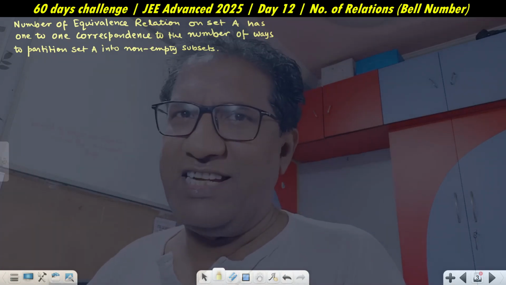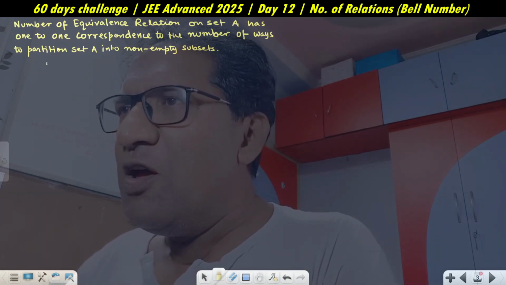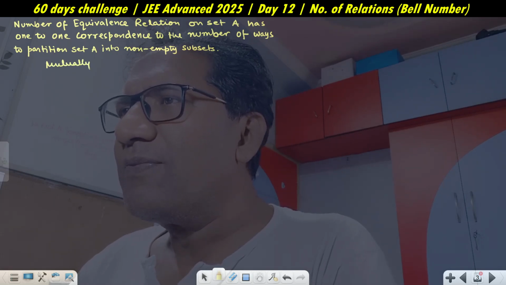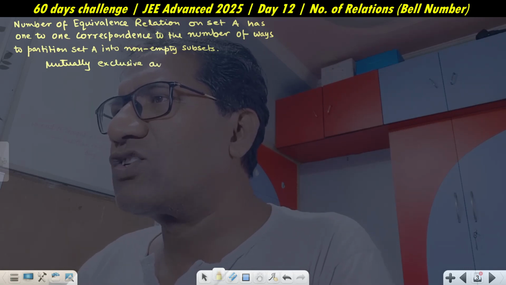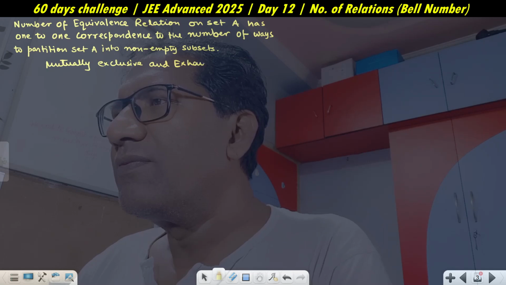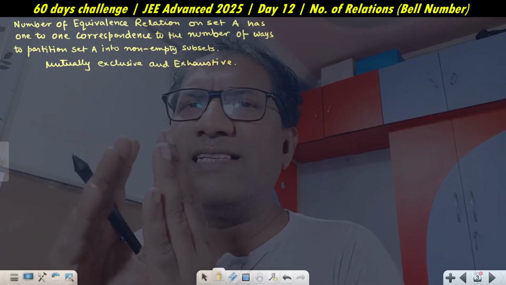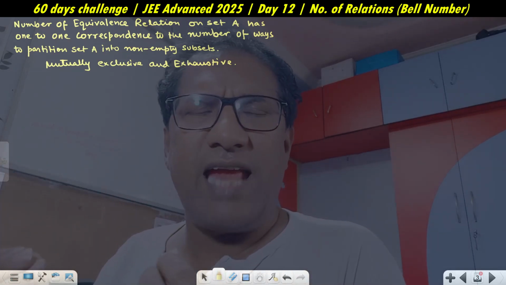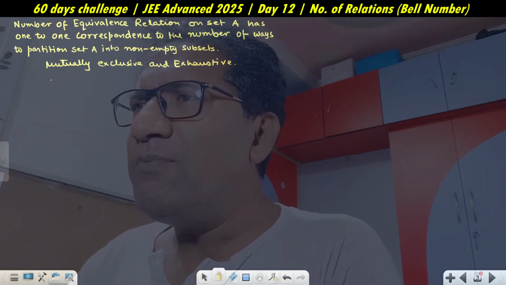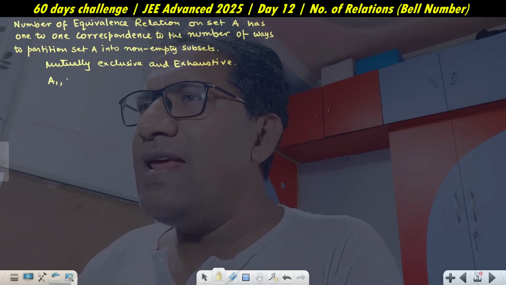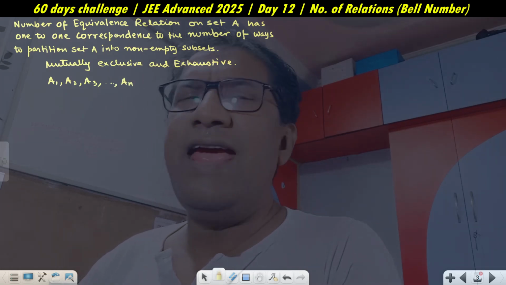Now, there is one condition. The subsets will be mutually exclusive and exhaustive. What do you mean by mutually exclusive? Let us say the n elements of set A have been partitioned into A1, A2, A3, and so on, a number of subsets.